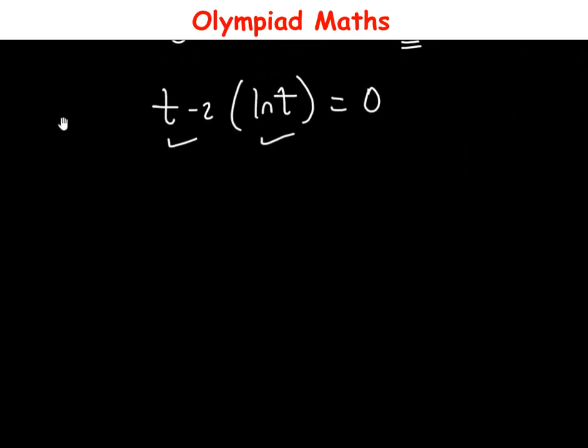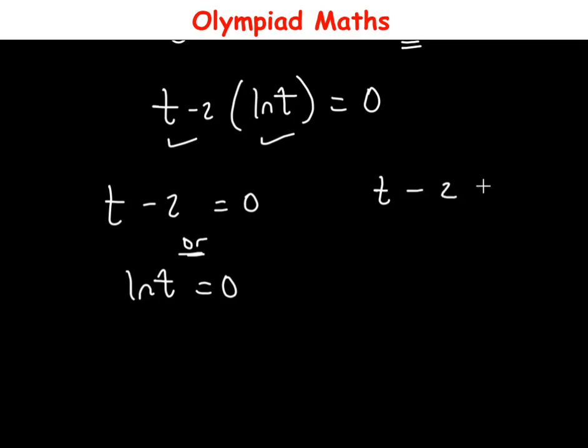So t minus 2 is equal to 0, or ln t is equal to 0. From this first linear equation, t minus 2 equals 0, move minus 2 over to this side. This then becomes t is equal to plus 2. And this was the initial value of t that we got.